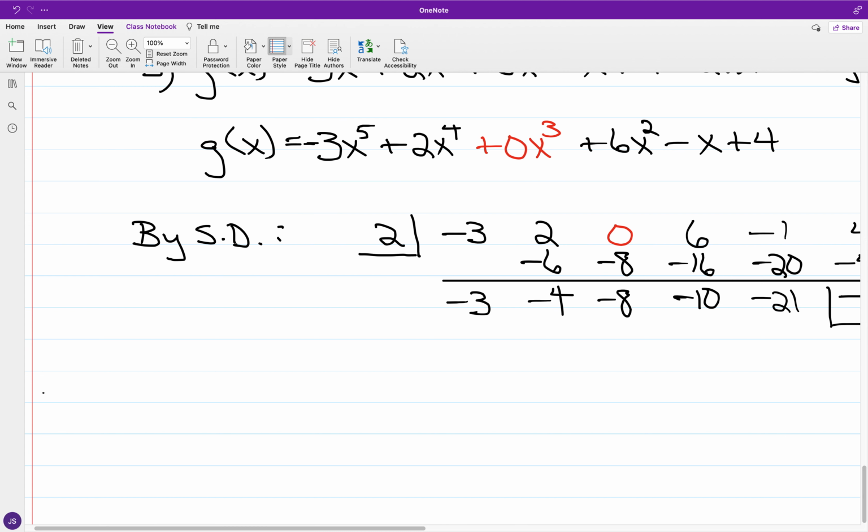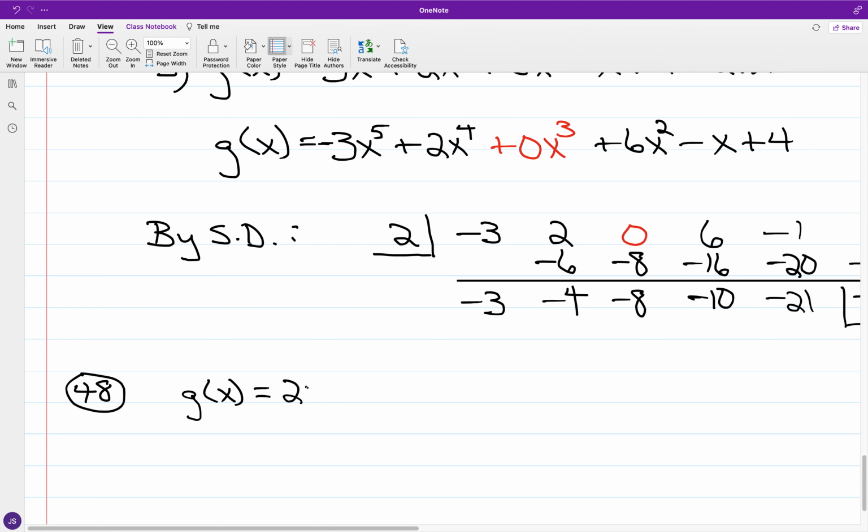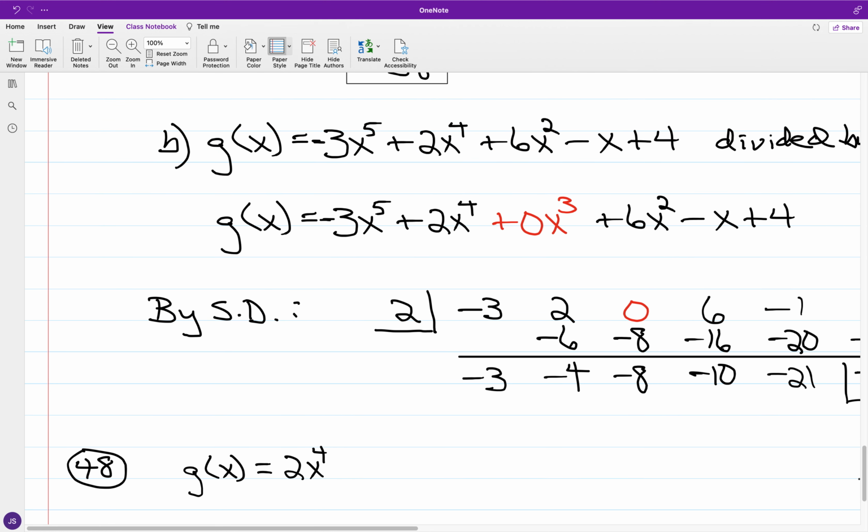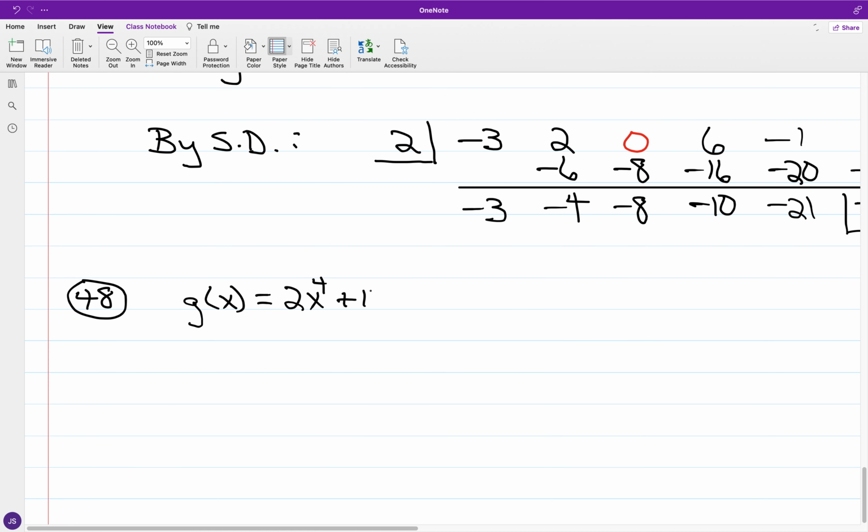And for what we have in the case of 4A, okay, we got g of x equal to 2x to the fourth plus 13x cubed minus 10x squared minus 19x plus 14, and we have posed the question, is c equal to negative 2 a 0?